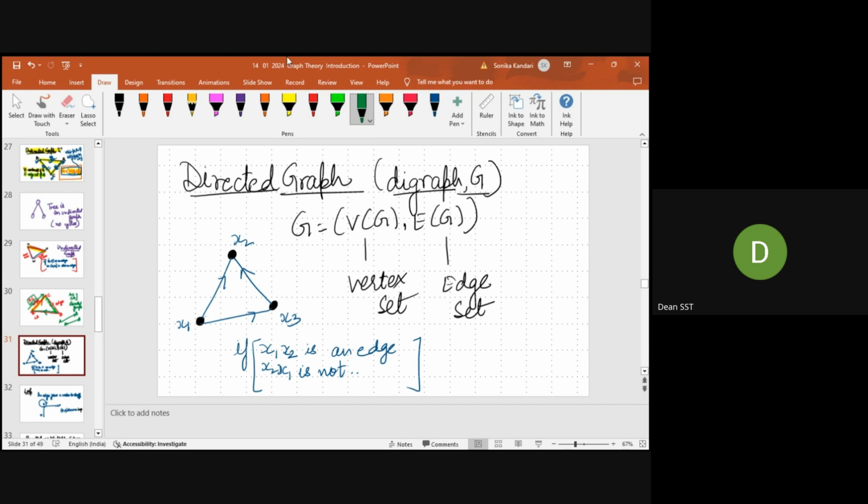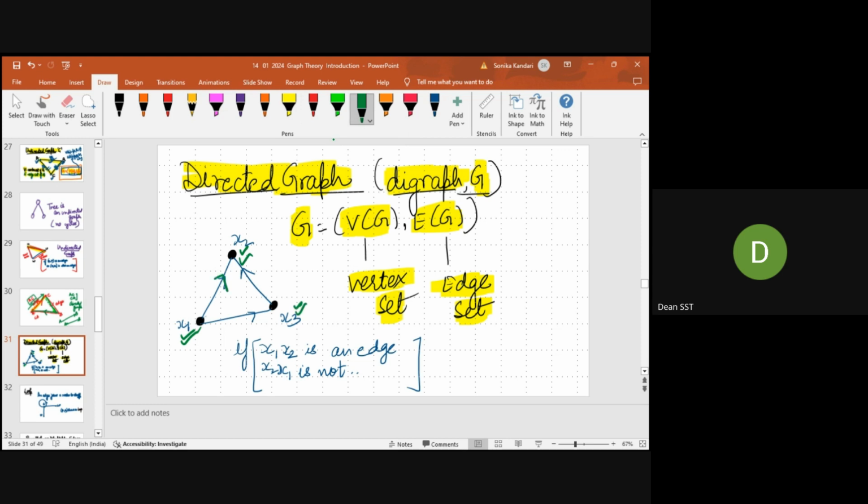A directed graph is also known as a digraph. It is represented as G. Again, it is a collection of a set of vertices, known as the vertex set, and a collection of a set of edges, known as the edge set. In the diagram, we have vertices x1, x2, and x3.